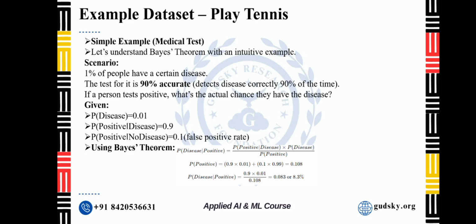As the calculations are here using Bayes theorem, the numerator equals 0.9 into 0.01, that means 0.009. The denominator P of positive equals P of positive given disease into P of disease plus P of positive given no disease into P of no disease, that equals 0.9 into 0.01 plus 0.1 into 0.99, that equals 0.009 plus 0.099, that equals 0.108.